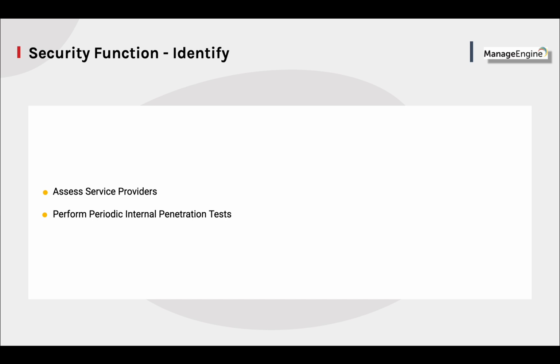The next one: perform periodic internal penetration tests. So, perform periodic internal penetration tests based on program requirements, not less than annually. This is a suggestion that CIS has provided us. The testing may be clear box or opaque box. White box testing, also known as clear box testing, glass box testing, transparent box testing, and structural testing, is a method of software testing that tests internal structures or workings of an application as opposed to its functionality, that is black box testing.